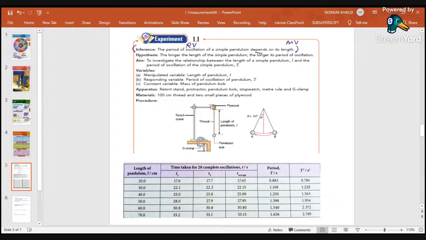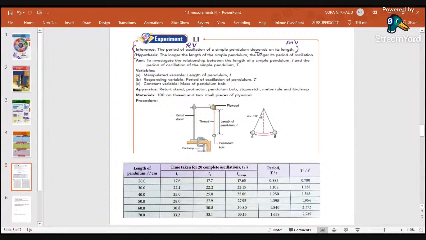In this case, RV is period of oscillation, MV is length of pendulum. Hypothesis: the longer the length of simple pendulum, the longer the period of oscillation. Aim: to investigate the relationship between length of simple pendulum L and period of oscillation of simple pendulum T.